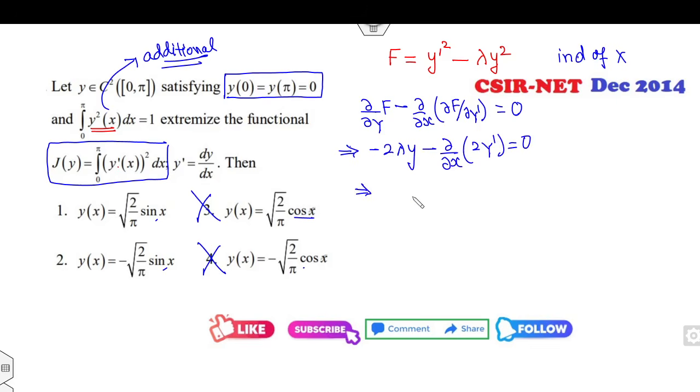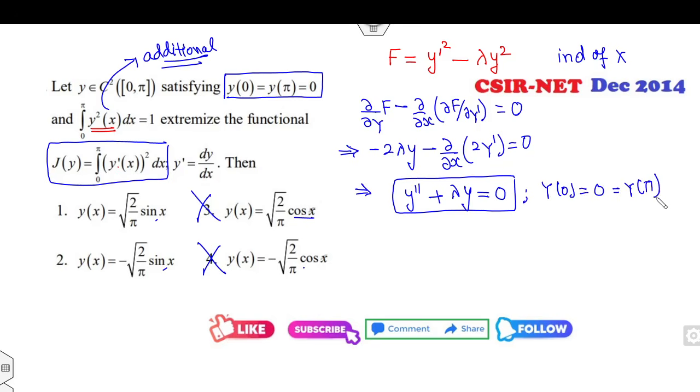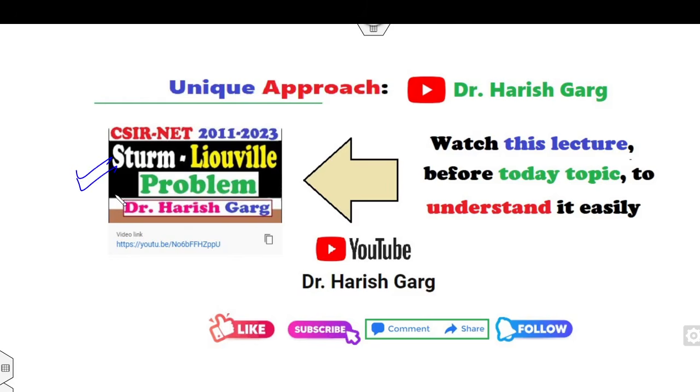I can take 2 as common, it cancels out: y double dash plus lambda y is equal to 0. Now, what comes to your mind whenever you see this equation? Can you write the solution directly? Definitely you can, if you have watched my lecture.